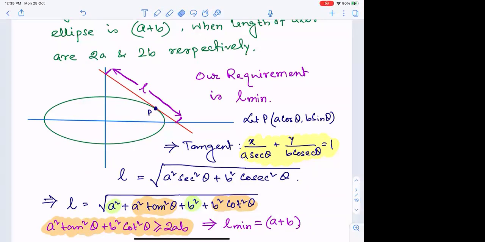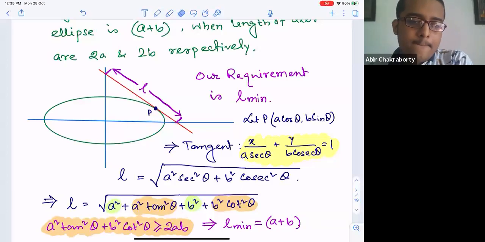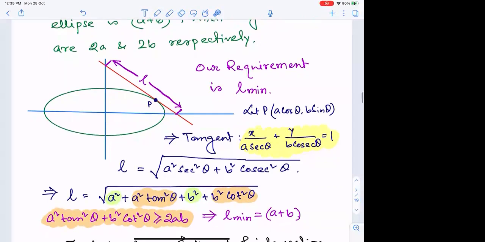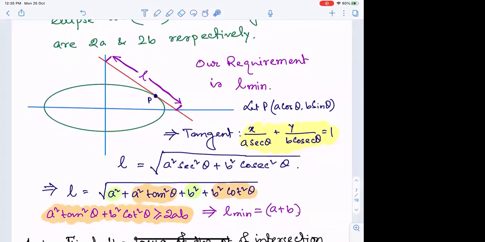So that means we will get 4 values of theta, and accordingly we will get 4 points: a point over here, symmetrically a point in the second quadrant, a point in the third quadrant, a point in the fourth quadrant. We will get 4 such points for which this minimum length can be found, right?